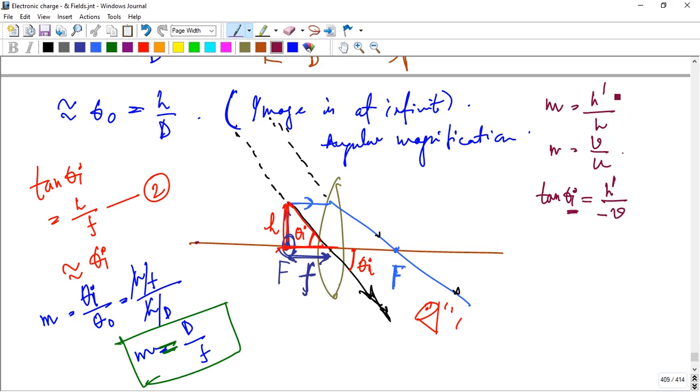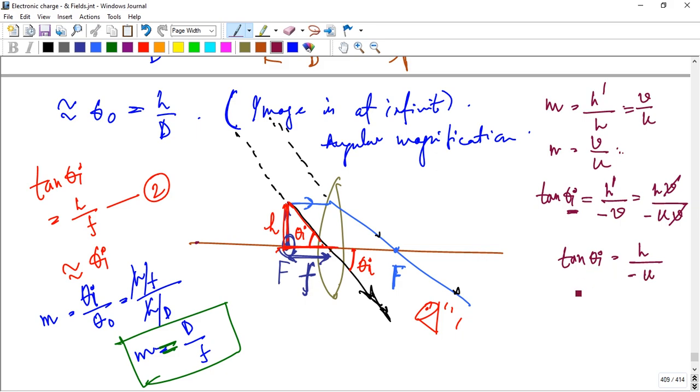And here, if I take these two to be equal, that is v by u, so h dash is replaced by h v by u, and that is divided by minus v, so v cancels and we get tan theta I equal to h by minus u.